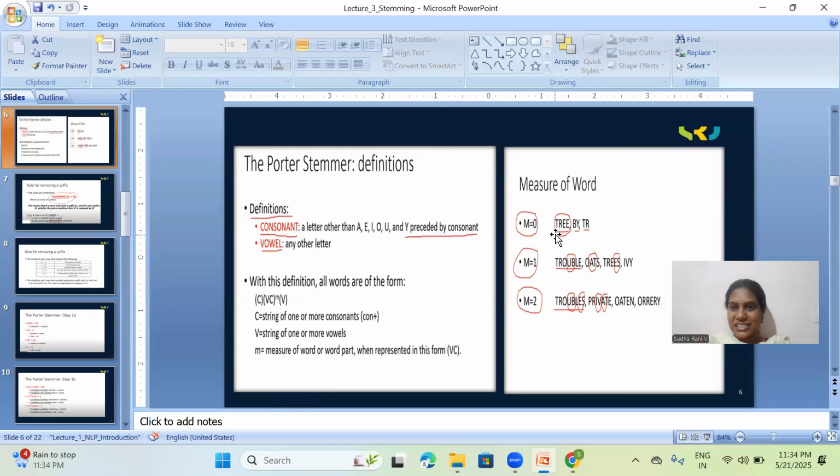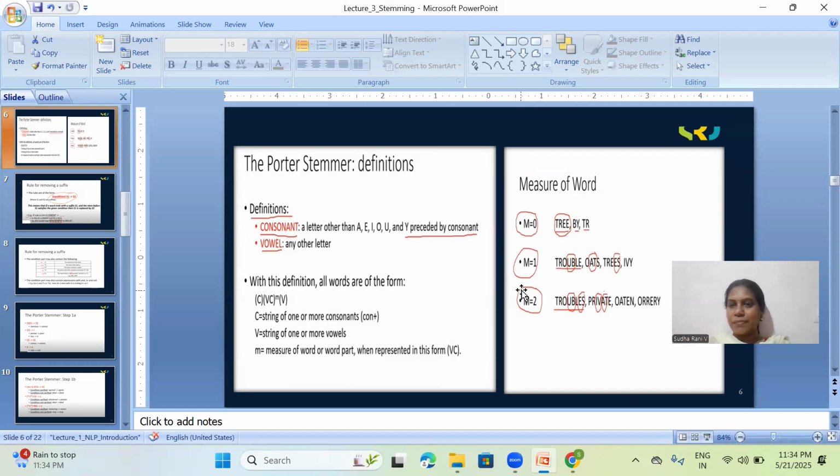Because we see the word tree, TR. We need a string of one or more vowels followed by one or more consonants, and here we don't have that combination. So the M value is 0 for tree.